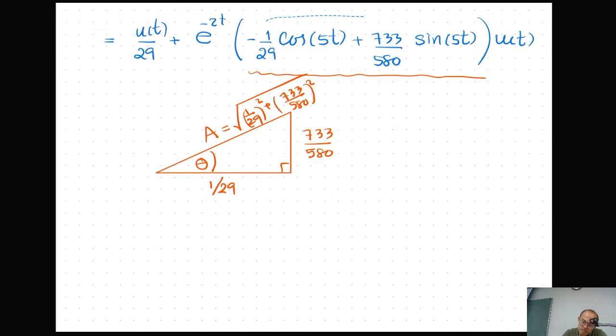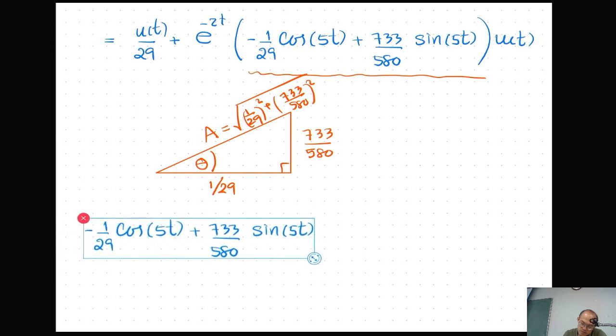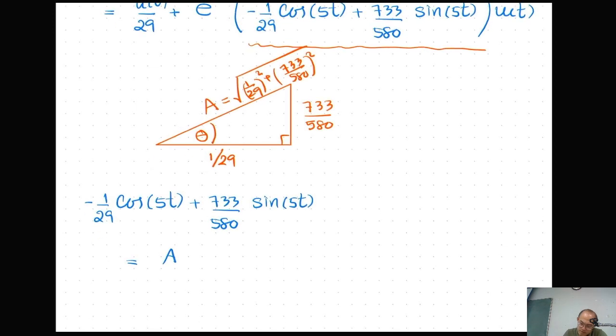So these two terms, when we add them together, would be equal to, I can take A out. When I take A out, I have minus 1 over 29A cosine 5t, and plus 733 over 580A sine 5t.